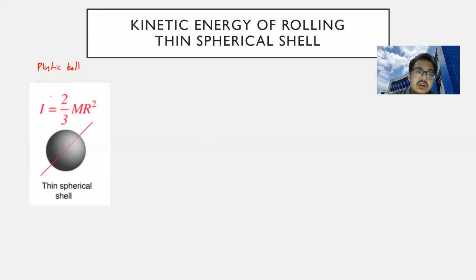Okay, so the moment of inertia of thin spherical shell is 2 by 3 mr squared. So to put it simply, I will just write the total kinetic energy of a thin spherical shell is equal to half times m times v squared, this is the translational term, plus here I got just a third or 1 by 3 mv squared.